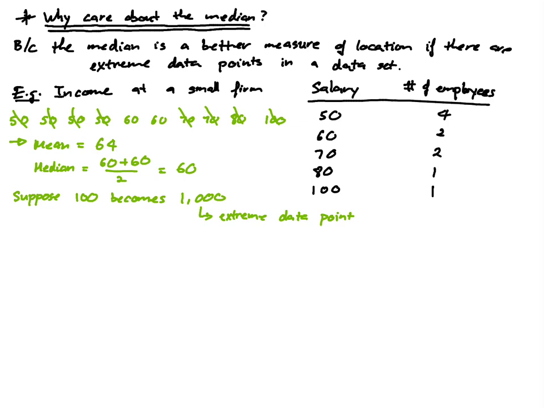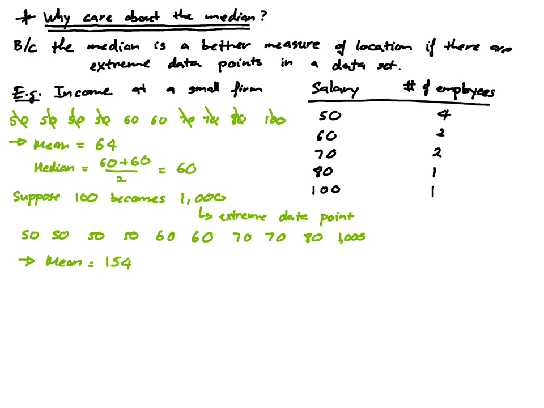So let's arrange the new data set from smallest to largest. So I have 50 appearing 4 times, then I have 60 appearing twice, 70 appearing twice, then 80, and all of a sudden I have 1,000. Now, if you work out the math, the mean is going to be 154.